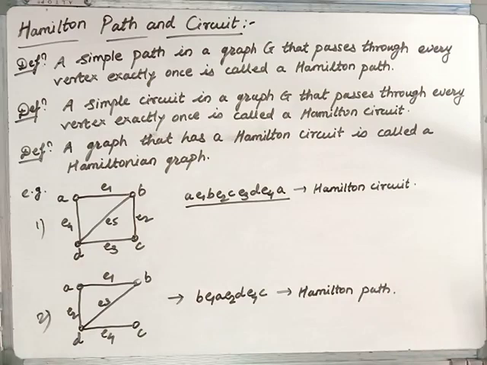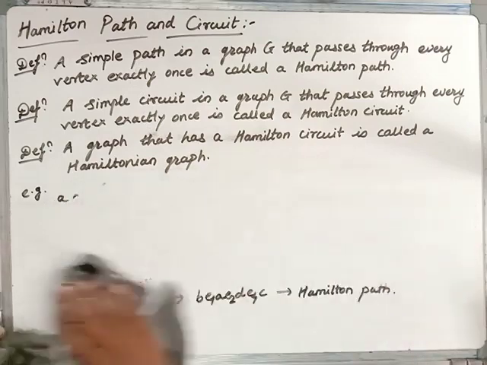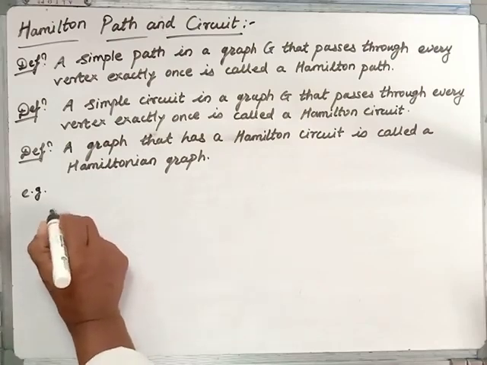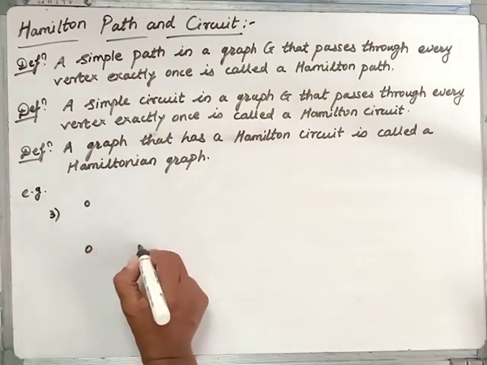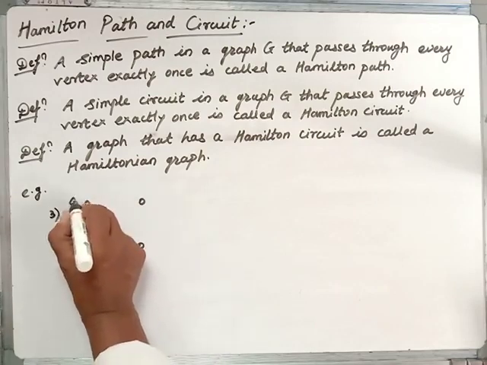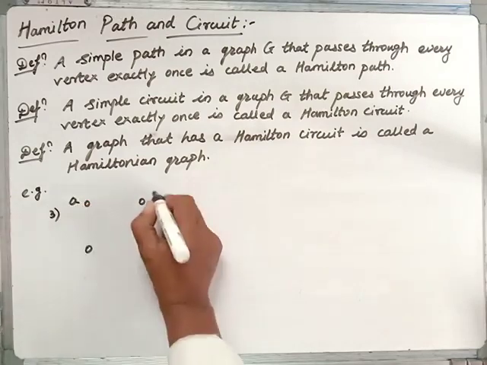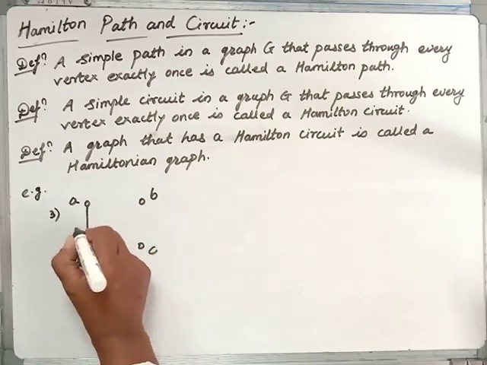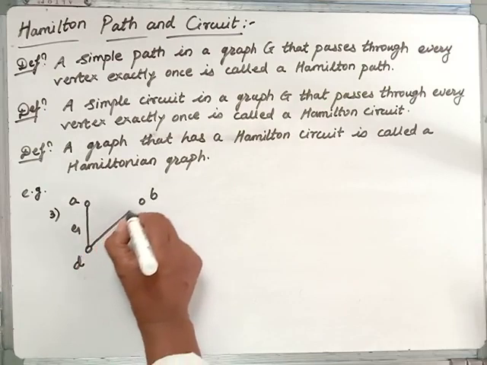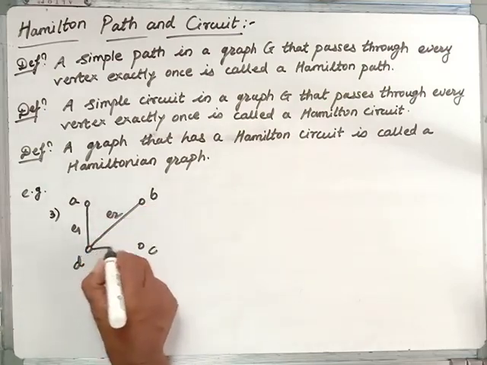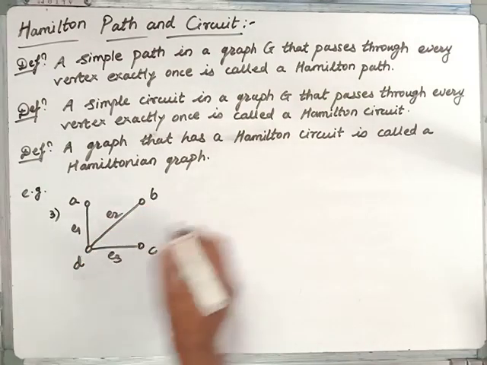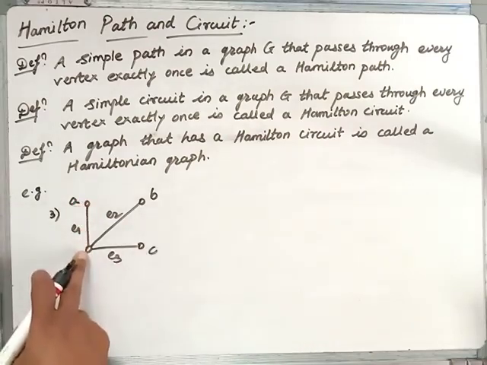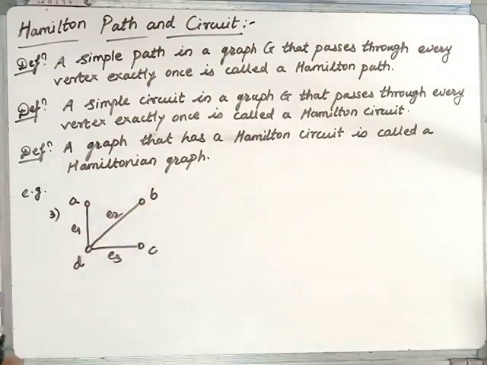Now let me take one more graph. Third one, suppose A, B, C, D. Let me take here E1, E2 and E3. Now here what happened? If we go from E1 to E3, then B will not come, right?